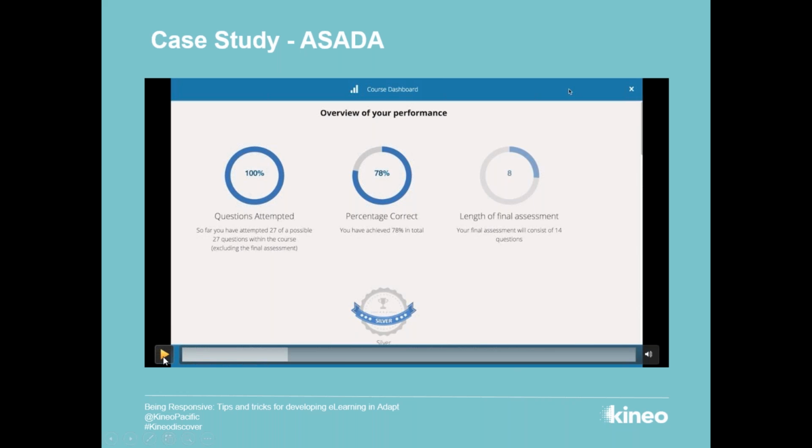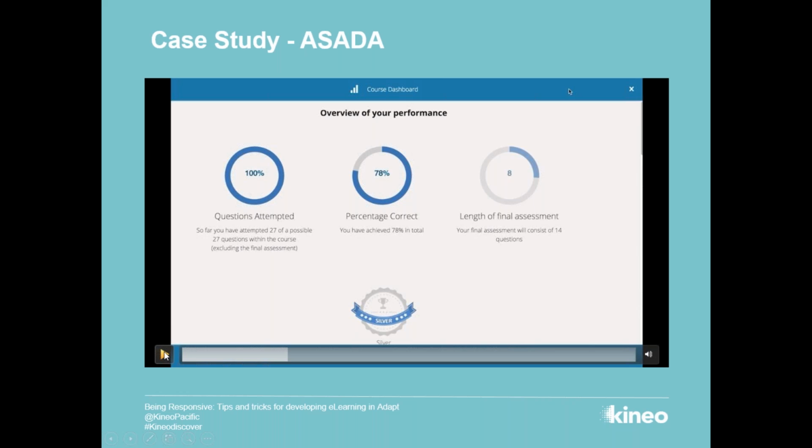They could have had an assessment at the end of the course that ran anywhere from 8 questions to 36 questions. Now they could go through the course and just ignore all the questions, get them all wrong, and get through it really quickly, because we didn't really lock it down that much. But at the end of it, they would have to do 36 questions to prove that they understood the content.